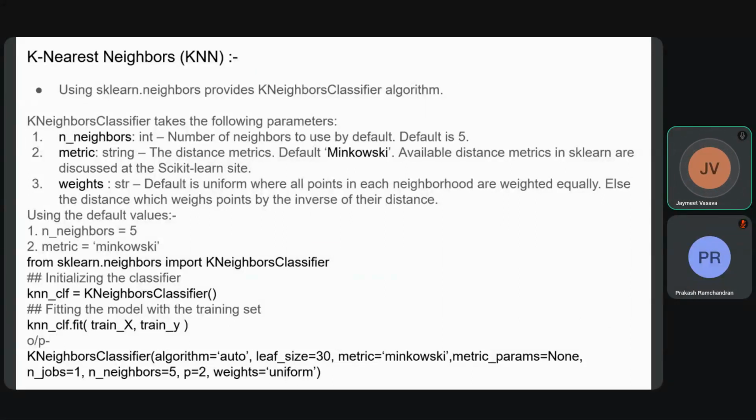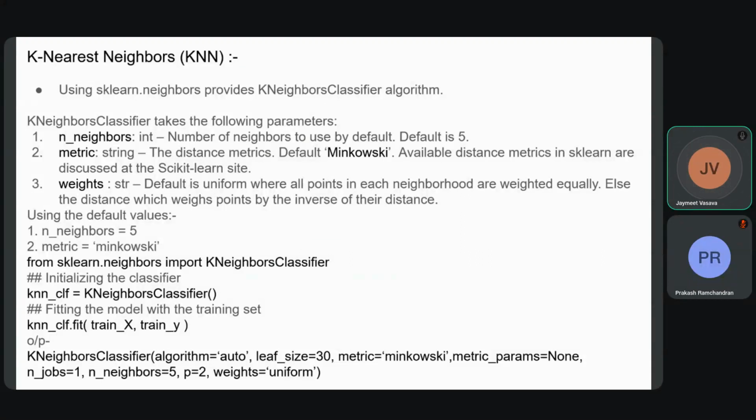Then there is metric, a string, where the distance metric Minkowski is the default. The available distance metrics in sklearn are discussed in the sklearn documentation. Then weights, which is a string type. The default is uniform, where all points in each neighborhood are weighted equally, else distance, which weighs points by the inverse of their distance.